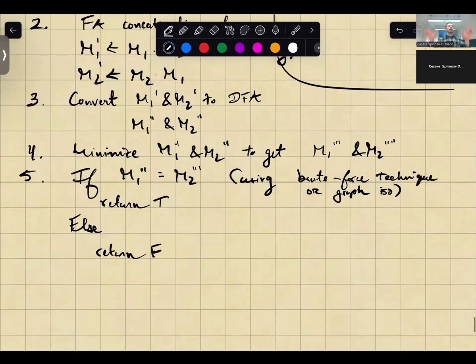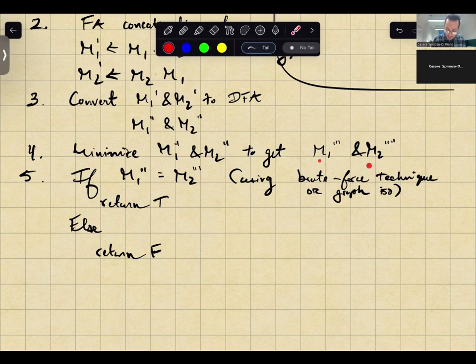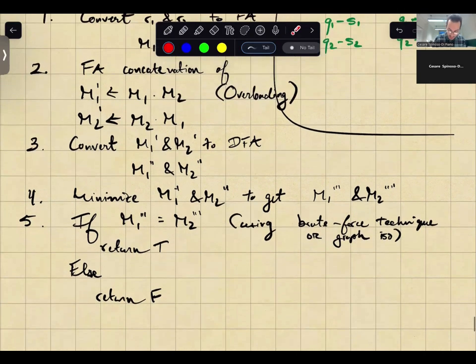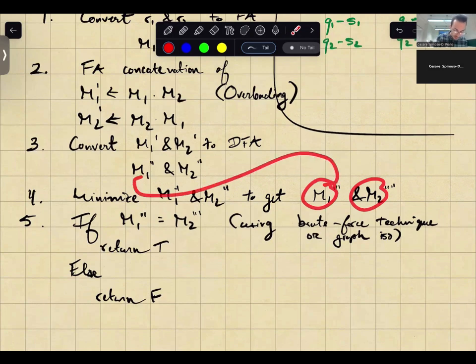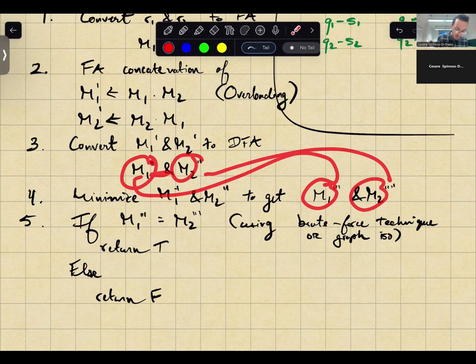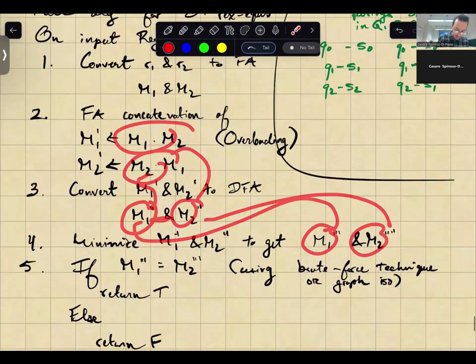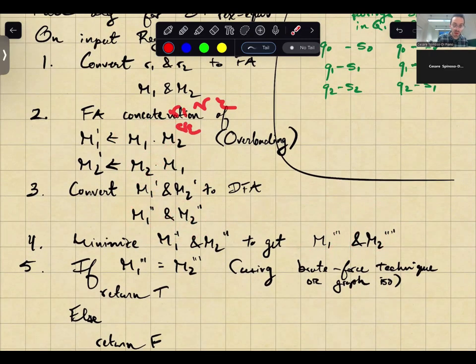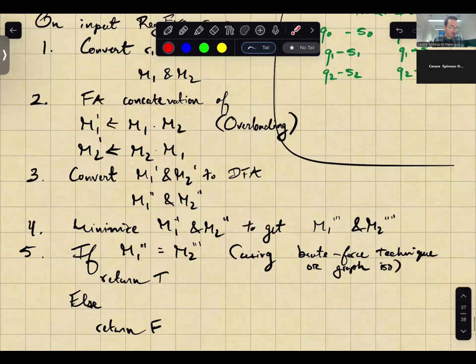Because it means that I'm not accepting exactly the same strings between these two, which means that R1R2 and R2R1 are not describing the same language, right? And so this is the pseudocode that gets you a decision procedure for this decision problem.